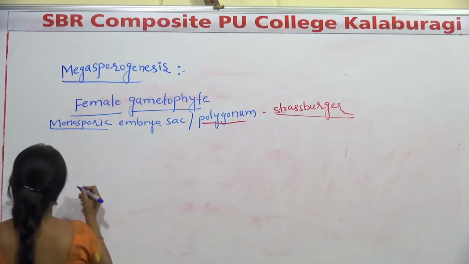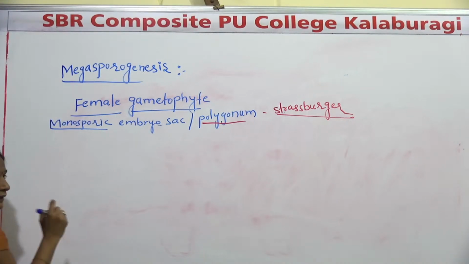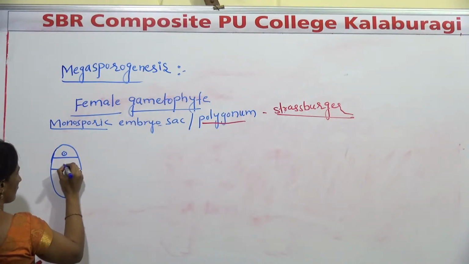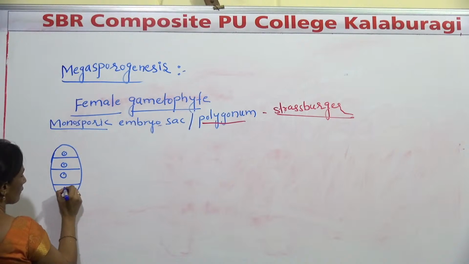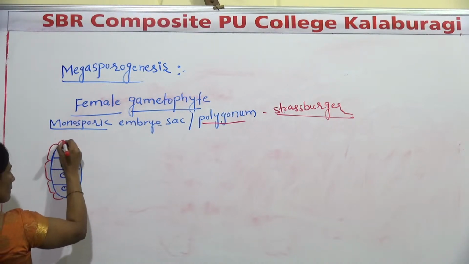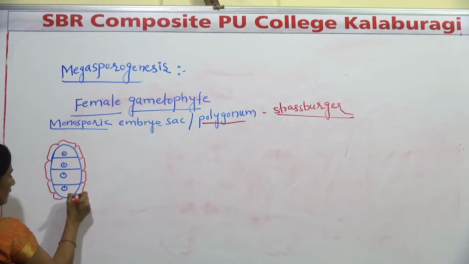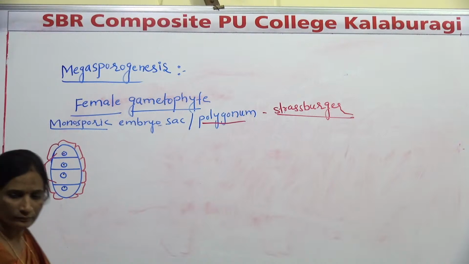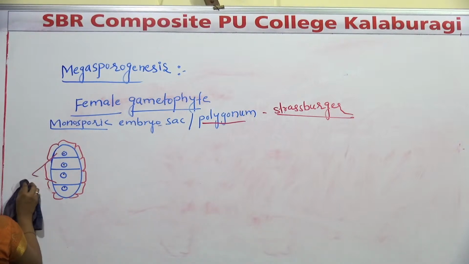So here, when the megaspore mother cell undergoes meiosis, it gives rise to how many megaspores? 4 megaspores are formed here. So these are the tetrad of megaspores.